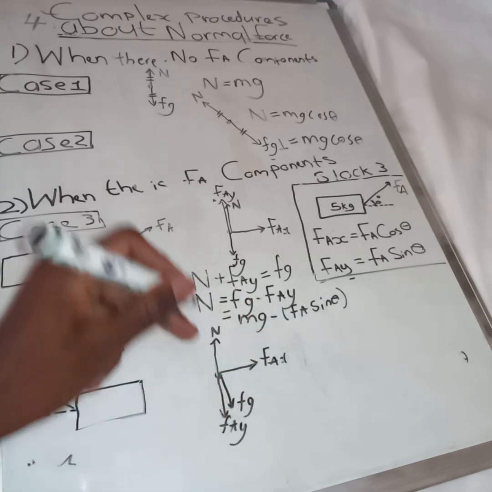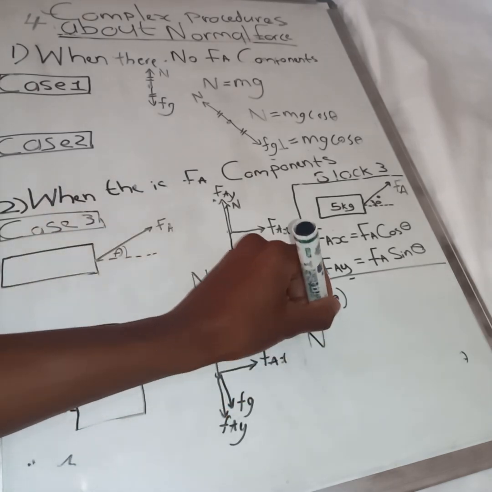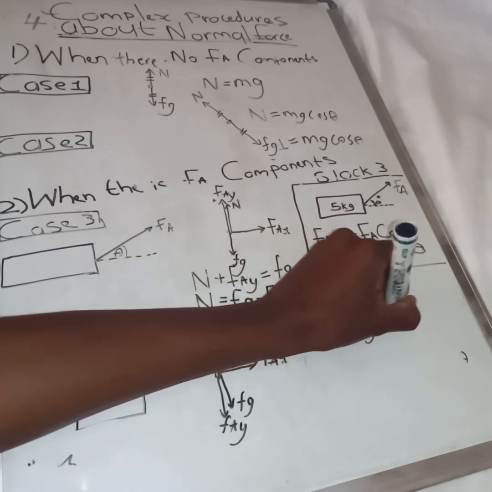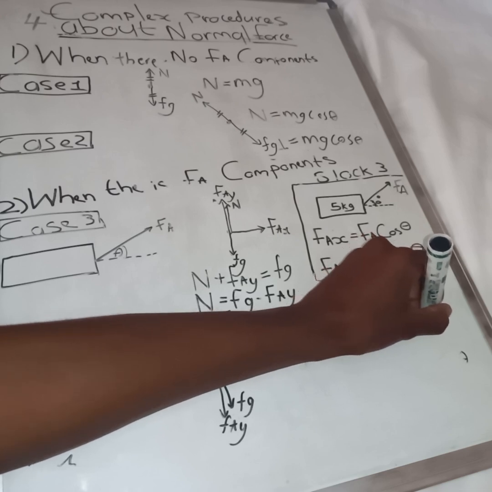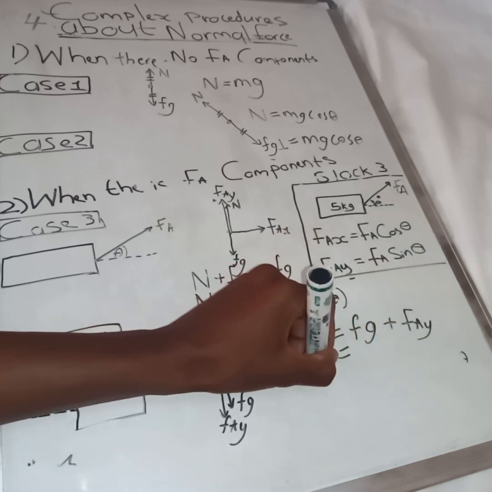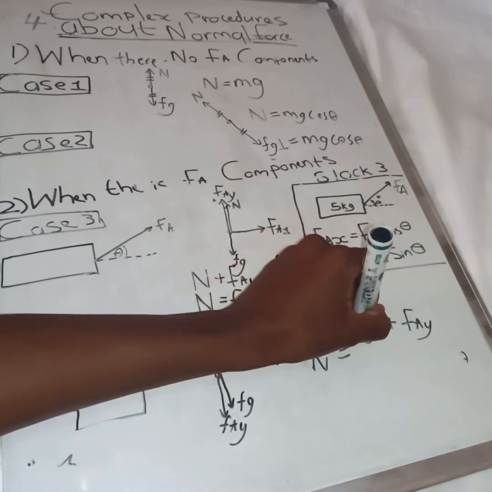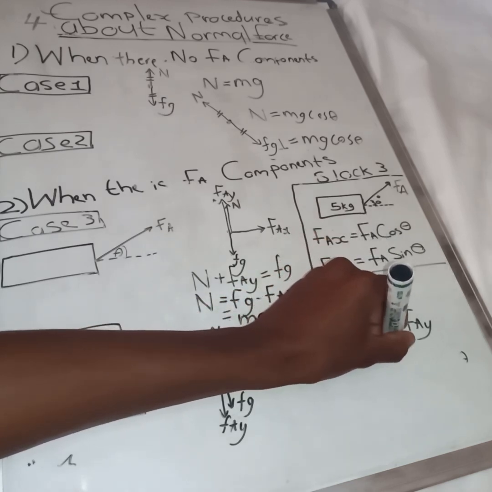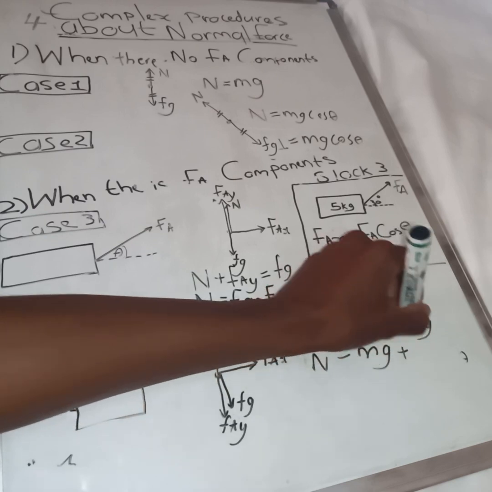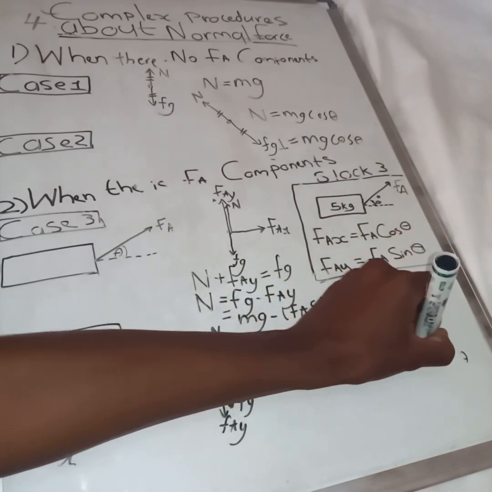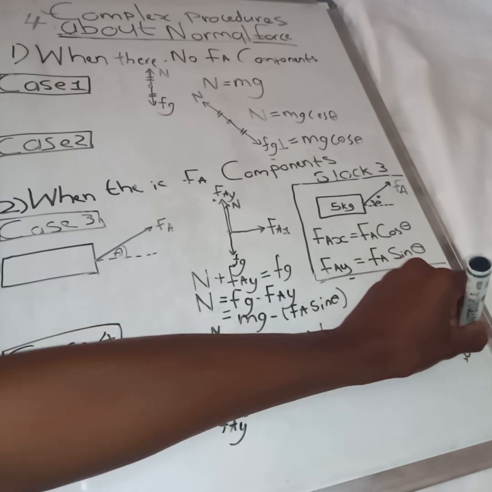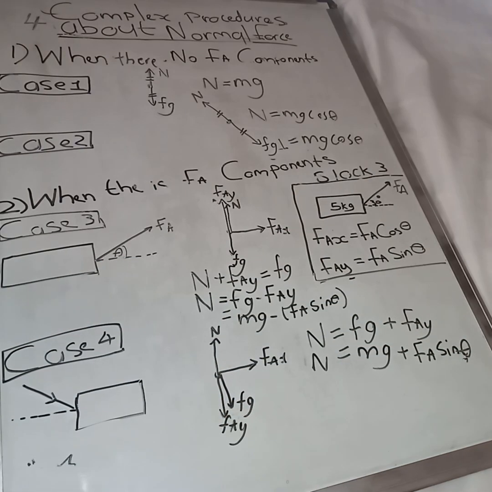So now normal force is equal to Fg plus Fay. We can solve this further. So the formula for Fg is the product of mass and gravity, plus the formula for Fay, which is force applied multiplied by sine theta.